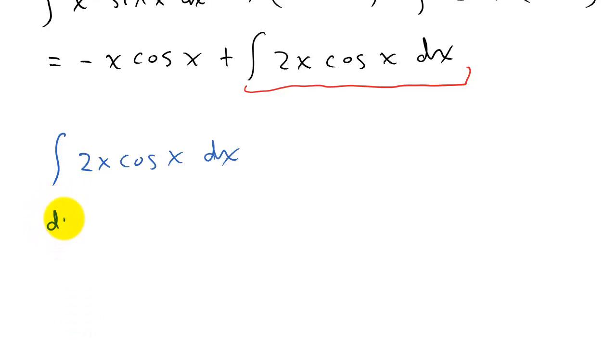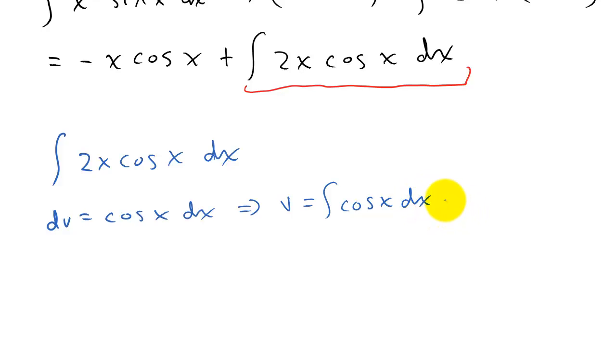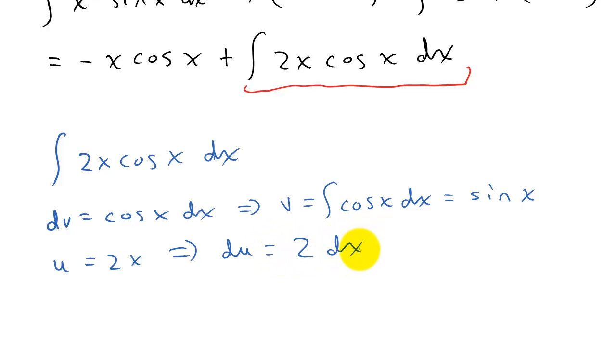I'm going to let dv equal cosine x dx. So that means v is equal to the integral of cosine x dx, which is sine x. And so u is going to be 2x. And so that means du is equal to 2 dx.